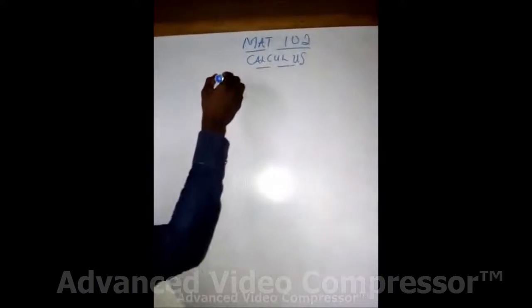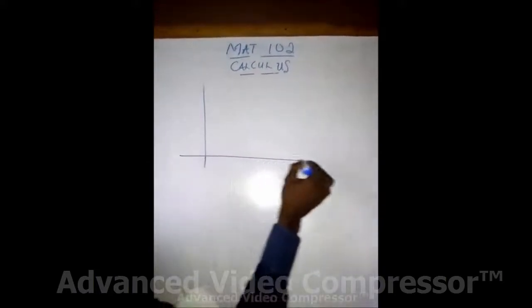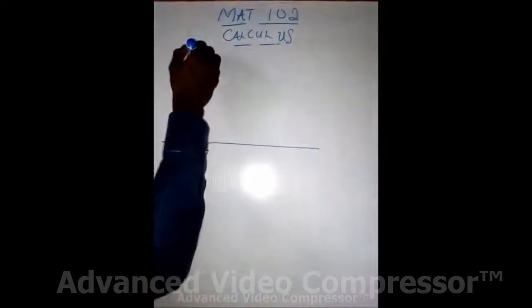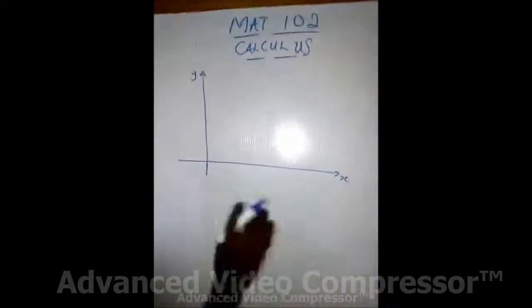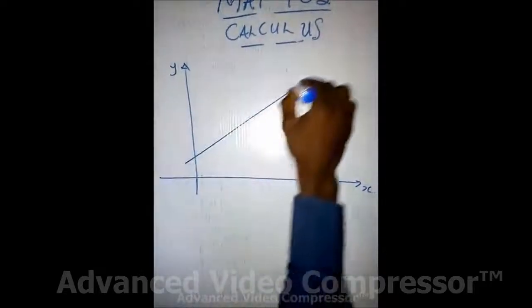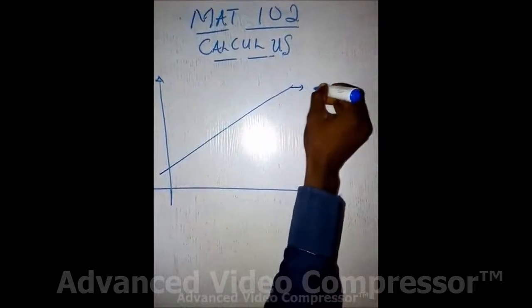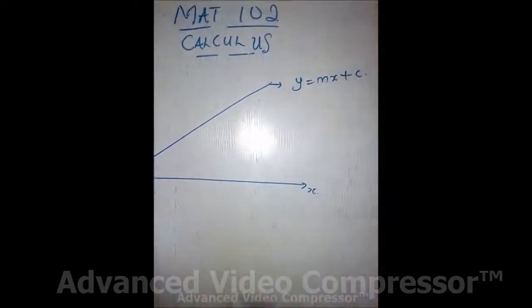Right from our primary school, right from our secondary school, we were told that when we have a function, a Cartesian plane, representing y and x, and in this Cartesian plane I can have a straight line curve, this straight line is always represented by y equals mx plus c.